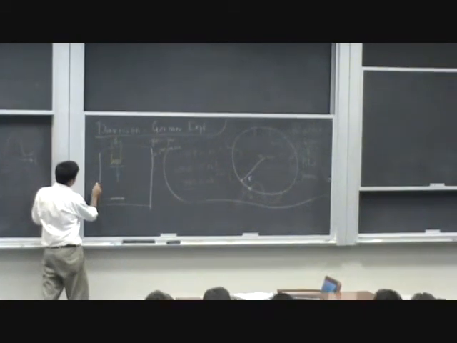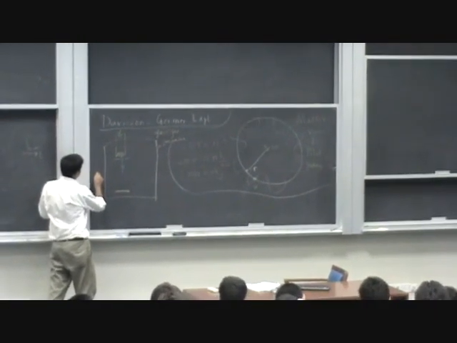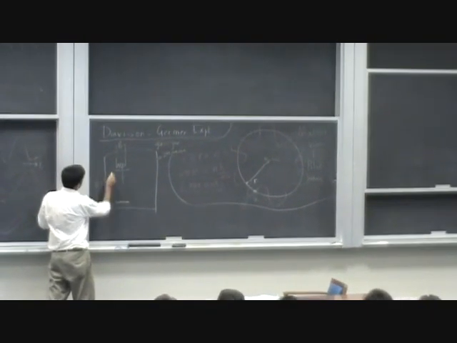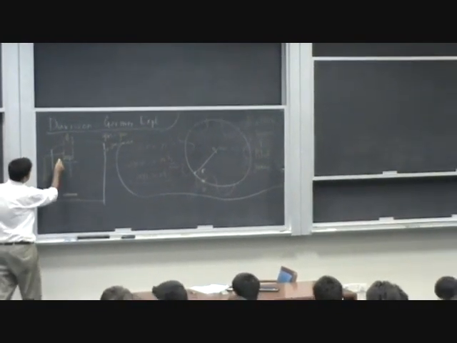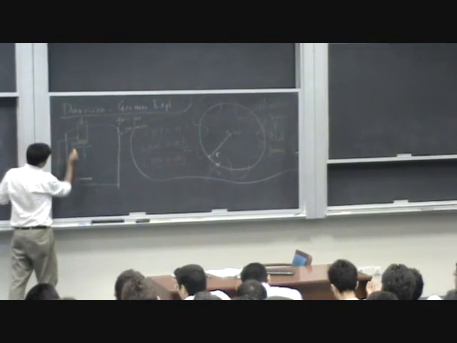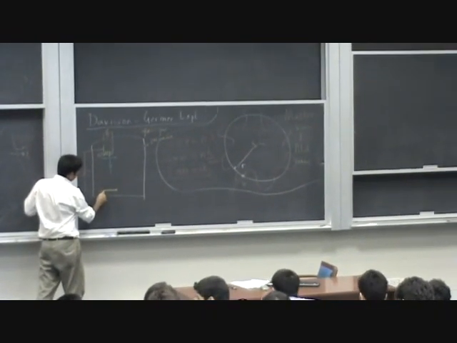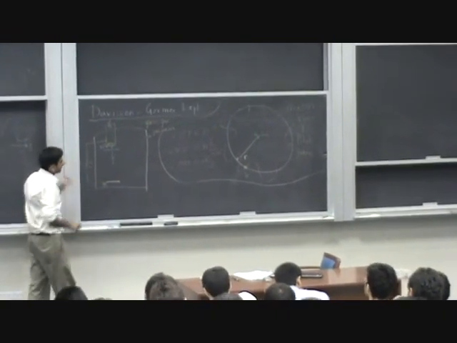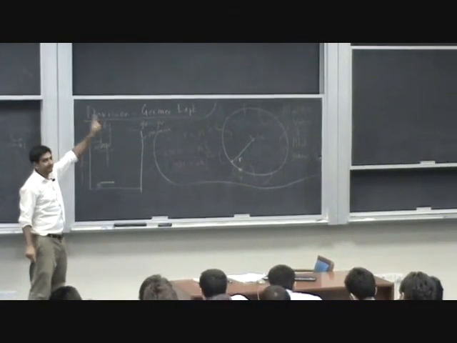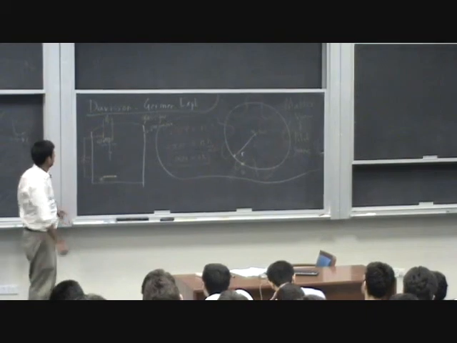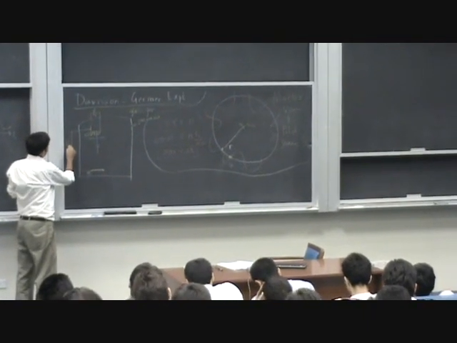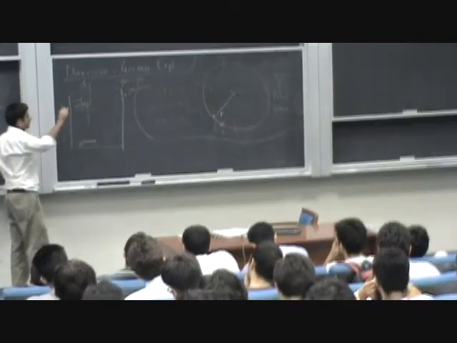Attracting the electrons. So this is negatively charged, and this is positively charged. So this is the anode, this is the cathode. The electrons are being attracted downwards, and this voltage V0 is variable.